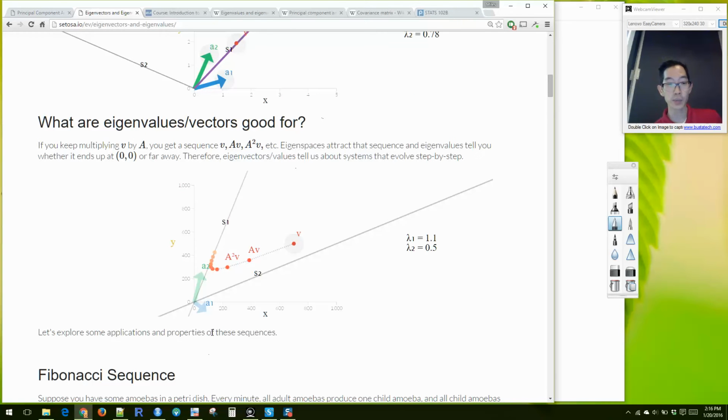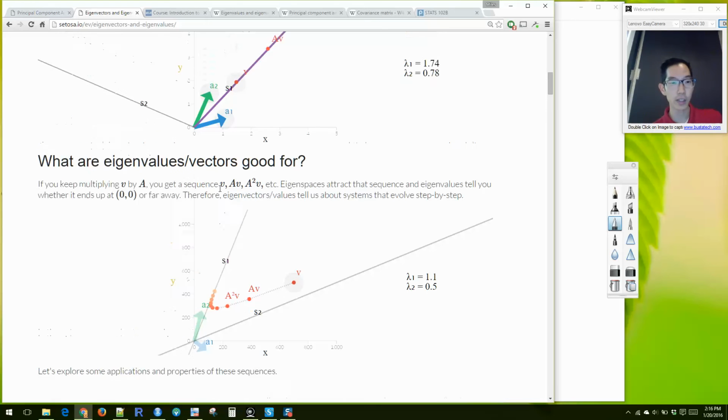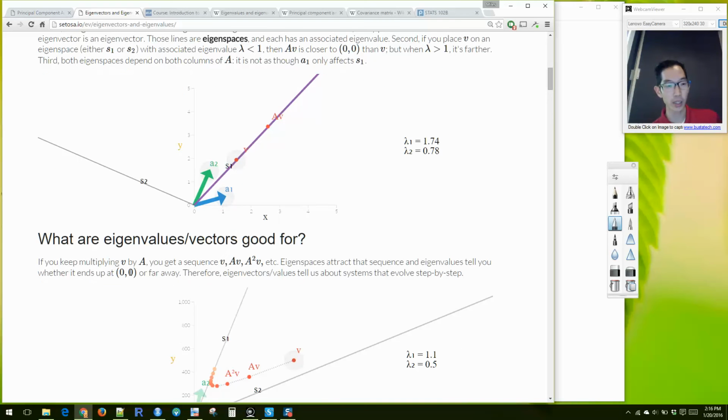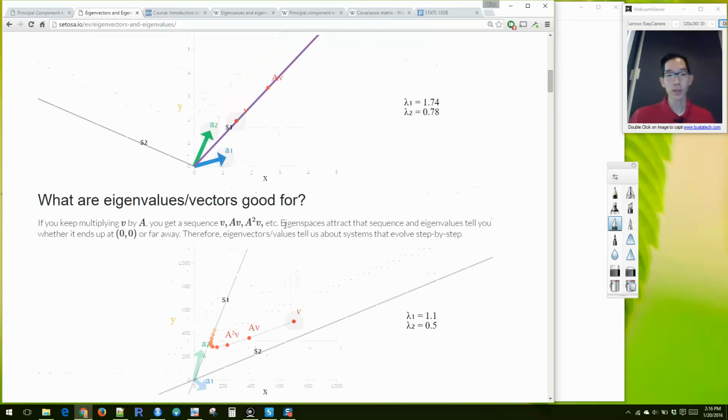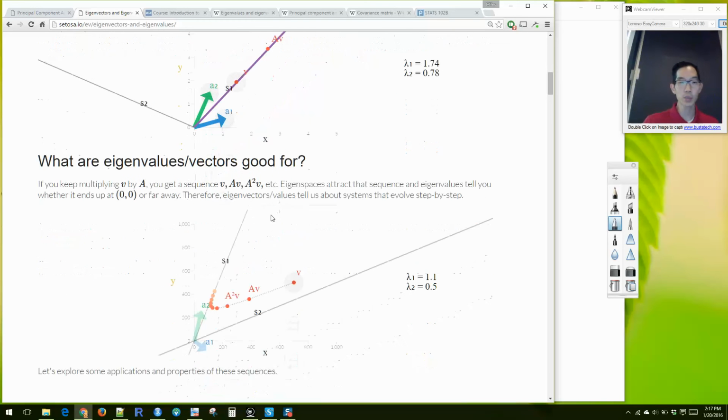And so what we have here is that if you keep multiplying some point V by the matrix A, we get this sequence: V, A squared times V, A cubed times V, et cetera. What our eigenspace tells you is the trajectory of this sequence.